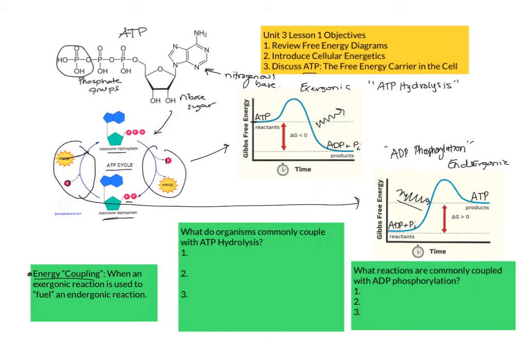So if we think about ATP hydrolysis, which is an exergonic reaction, it is commonly used to accomplish three major types of endergonic processes in the cell. The first one we can think about in terms of chemical work of a cell.